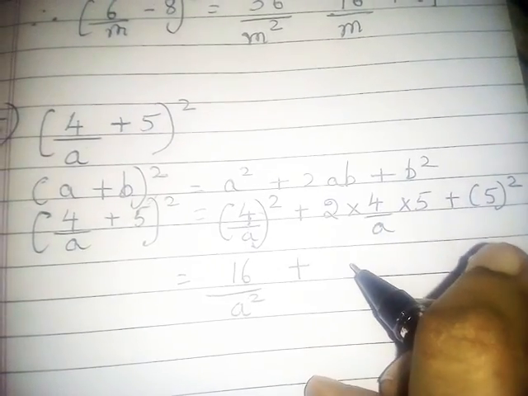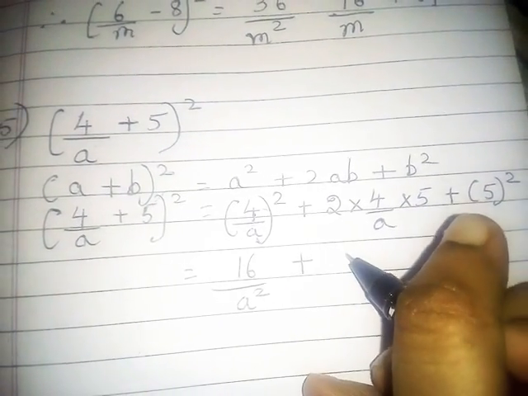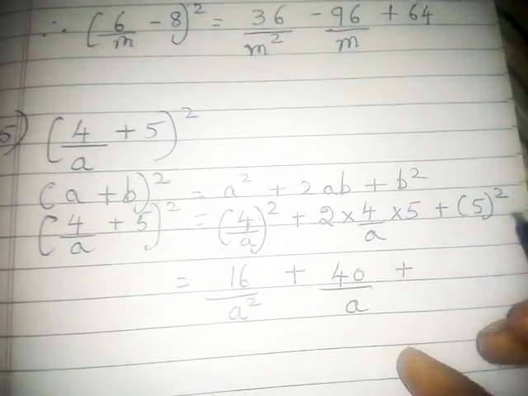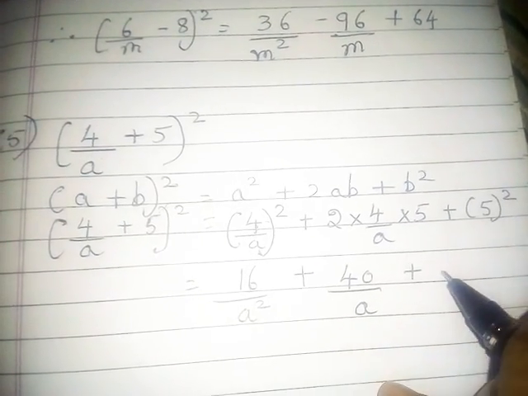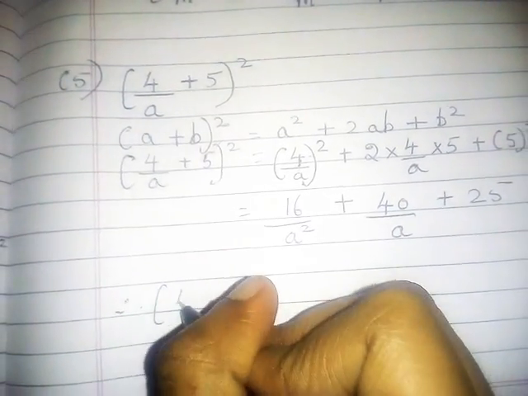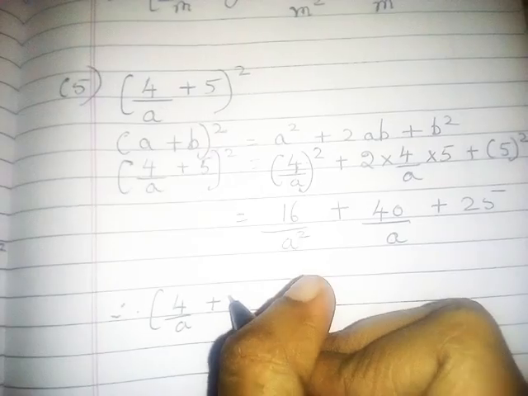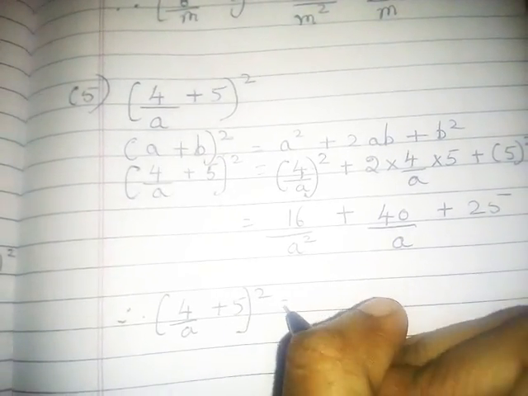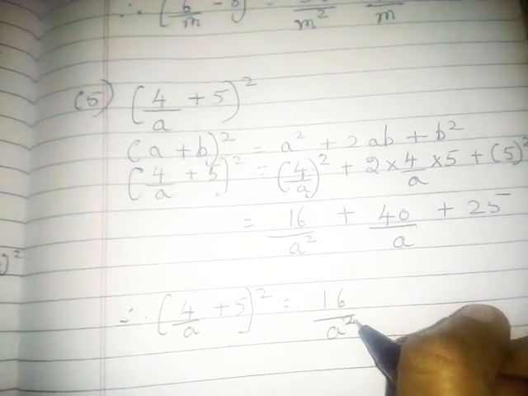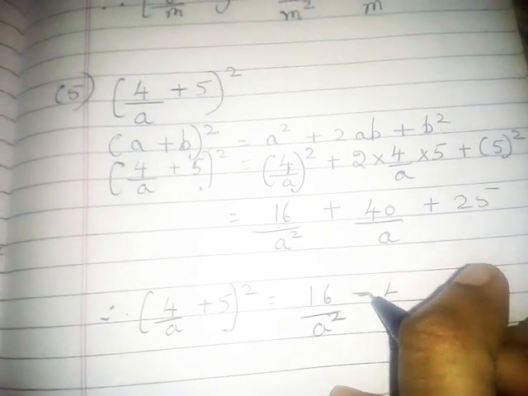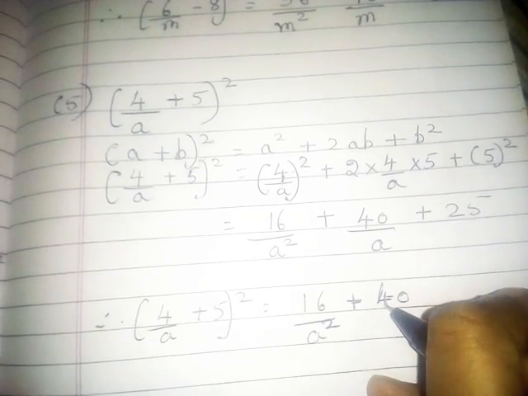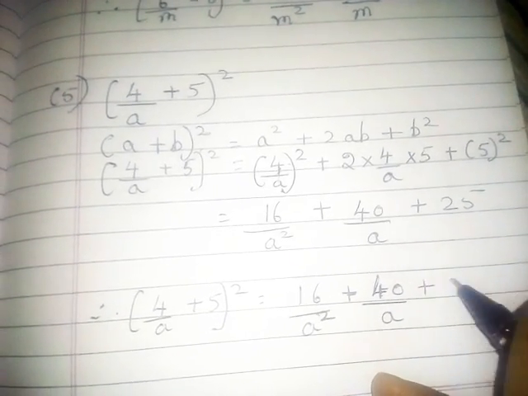2 4s are 8, 8 5s are 40 upon denominator what is there, a plus 5 square, 5 5s are 25. Therefore 4 upon a plus 5 the whole square is equal to 16 upon a square plus 40 upon a plus 25.